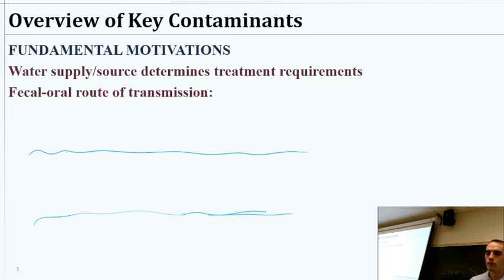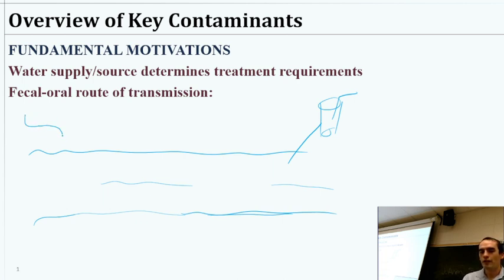So if we have some river here and it's flowing along, essentially what we want is some water supply. We want to be able to take water into our cup and drink it, right? And we want that to be safe and not contain any stuff that's coming from some sort of fecal matter, right?